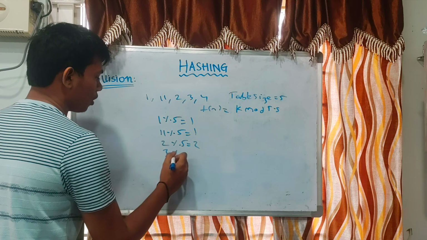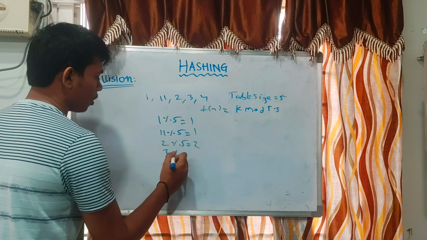Here we see that both elements are pointing to the same index. As we know, in one index we can store only one element, but this hash function is generating the same index value for both the elements. This condition is called a collision, and we have to overcome it because all the elements need to be adjusted in the table and there should be no collisions.